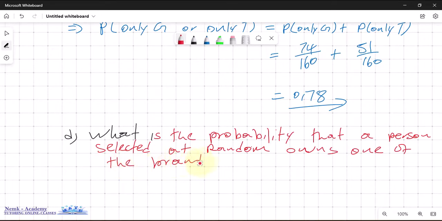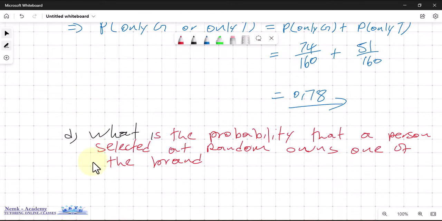Okay, can you read this statement? Do you see the word only? Do you see it? It's not there. So if you reread the question, you will hear that they are not referring to someone who owns only one brand, but they're saying who owns one of the brands.